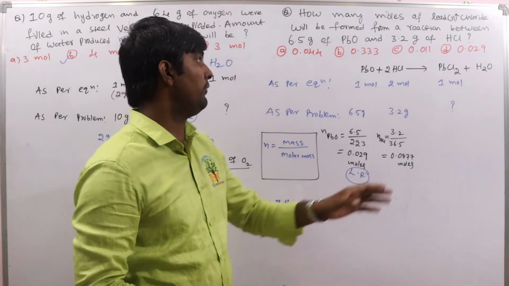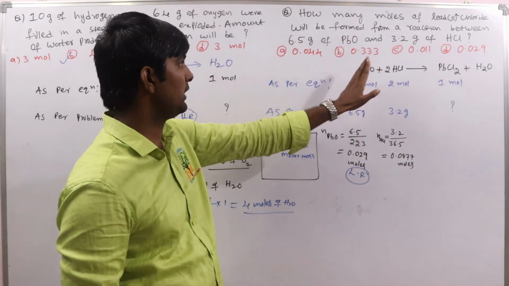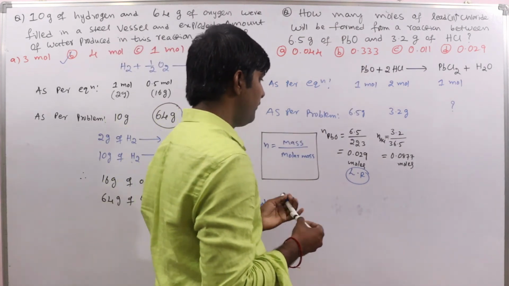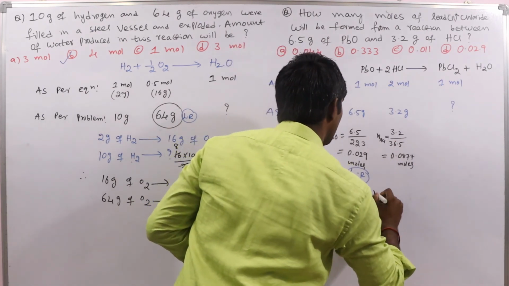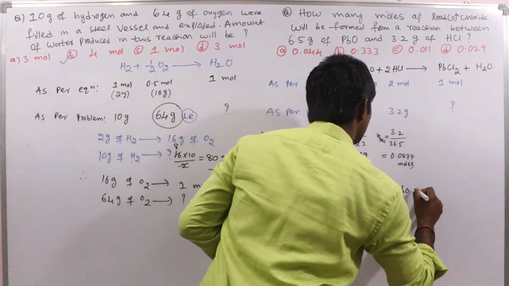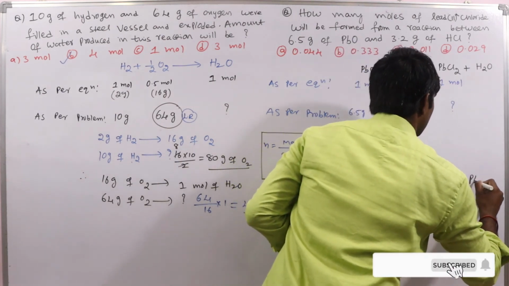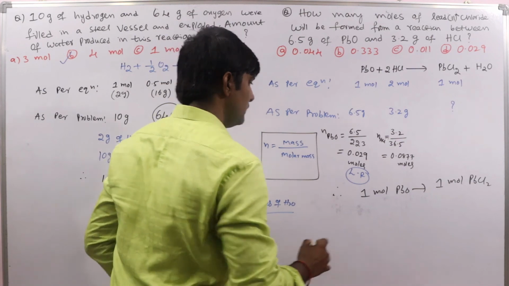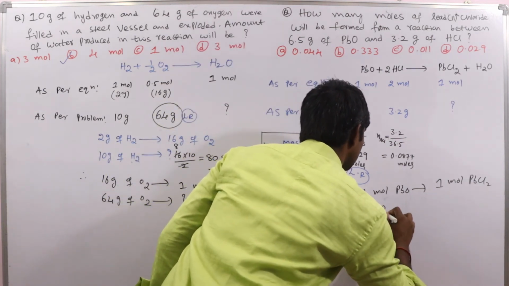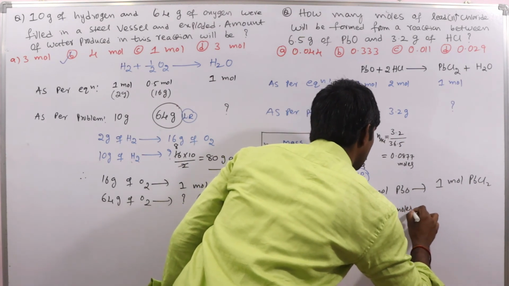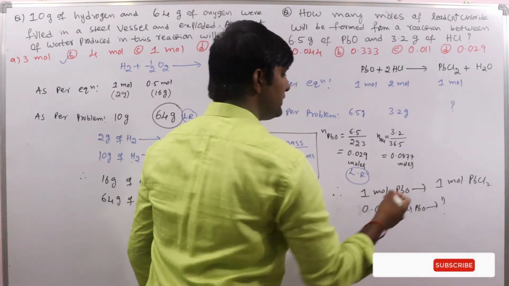Now the amount of lead chloride formed depends on whose quantity? It depends on the lead oxide. Therefore, 1 mole of PbO gives 1 mole of PbCl2, right? So 0.029 moles of PbO gives how many moles of PbCl2?